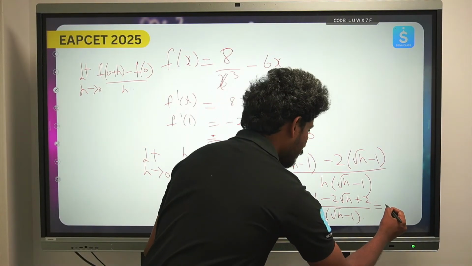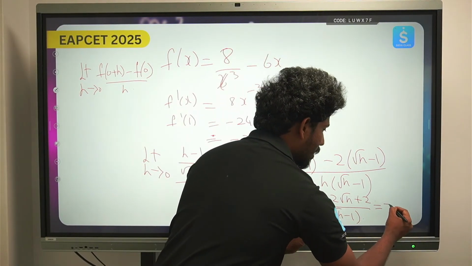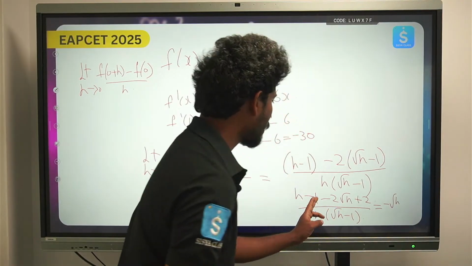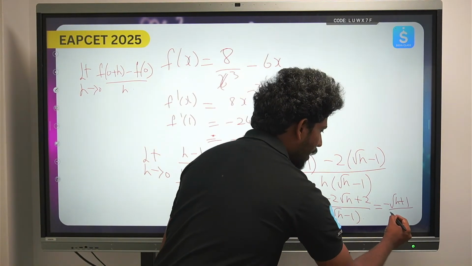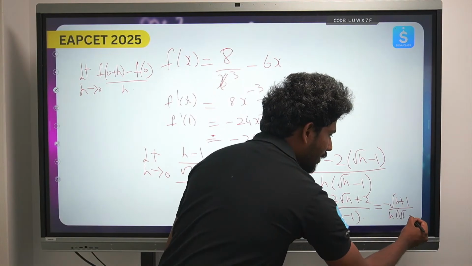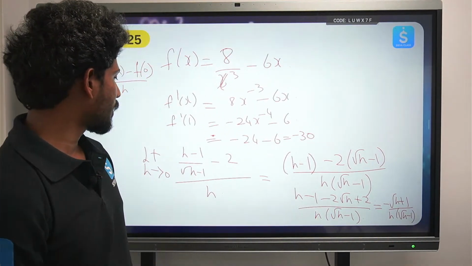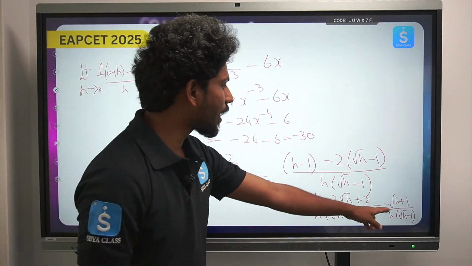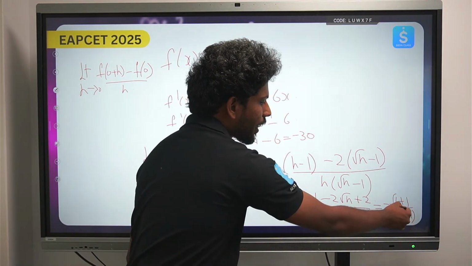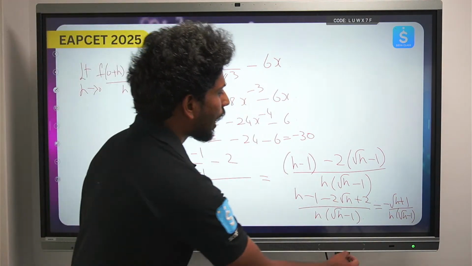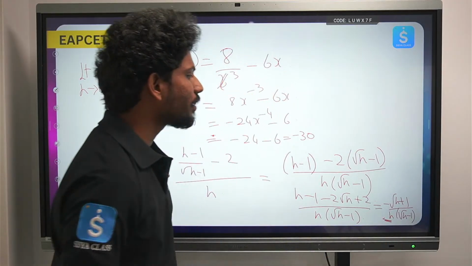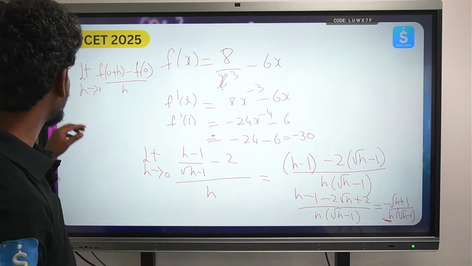So this will ultimately become minus root h plus 1 by h into root h minus 1. If I try to cancel it out, limit h tends to 0, I can cancel both numerator and denominator, but here I am left with this h, so this will tend towards infinity, hence it is not differentiable.